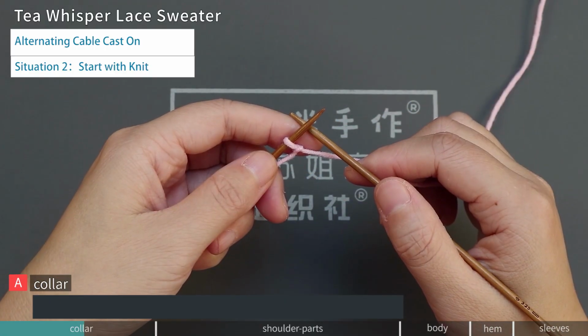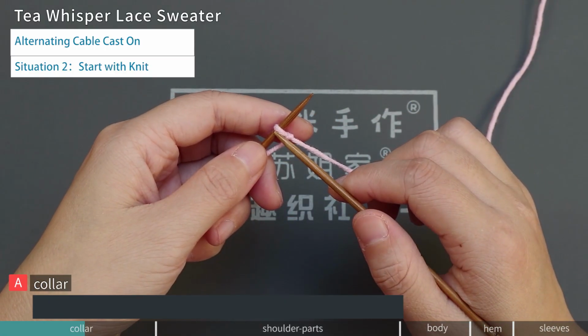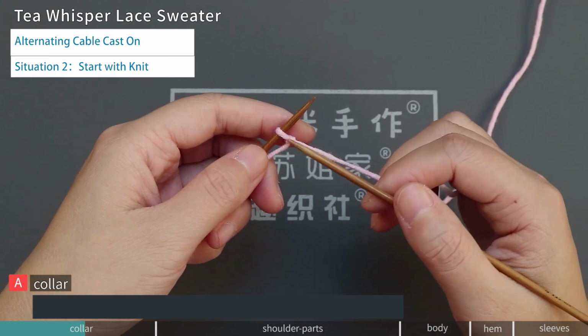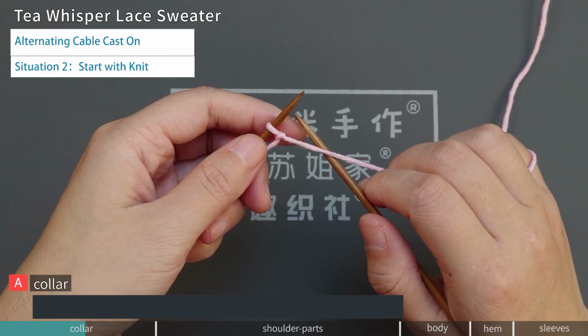In another case, count the first stitch as a knit stitch. Then work the second stitch as a purl stitch.